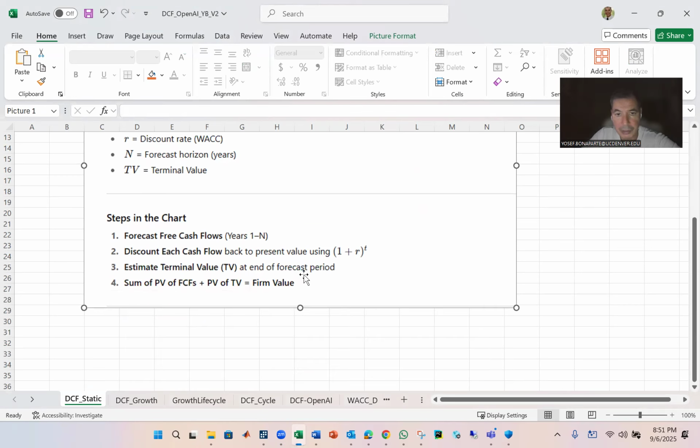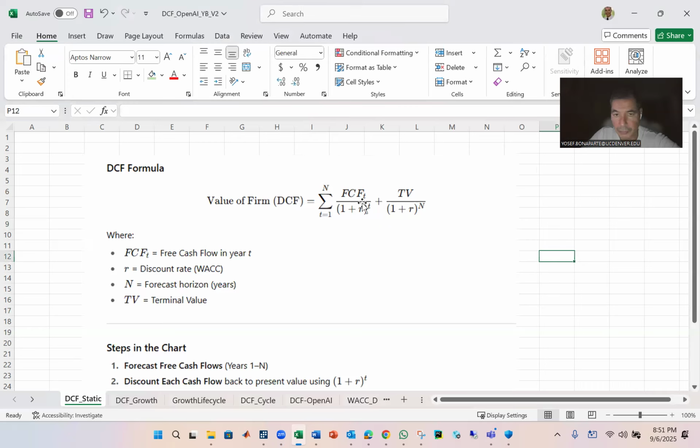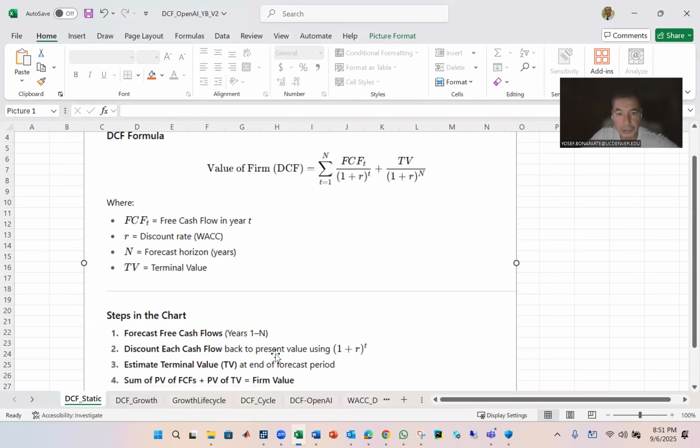That's called the static DCF. If you know the current cash flow, the discount factor, and when the terminal of the company is, at some point it's going to be a flat terminal after n years. If you know the number n, then you plug in the number and you're done.